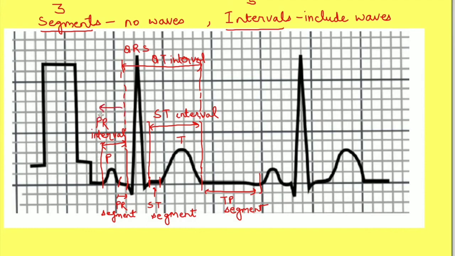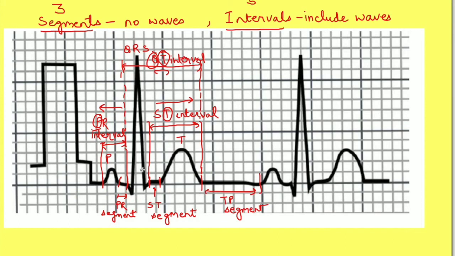So it includes this side wave, that is P wave. Now ST interval is this side of ECG. So it includes this side wave, that is T wave. While QT interval includes both the waves. See, it includes from the beginning of the QRS complex to end of T wave. That means it includes both QRS complex and T wave.